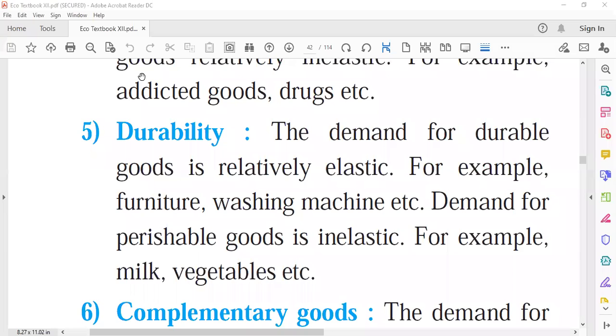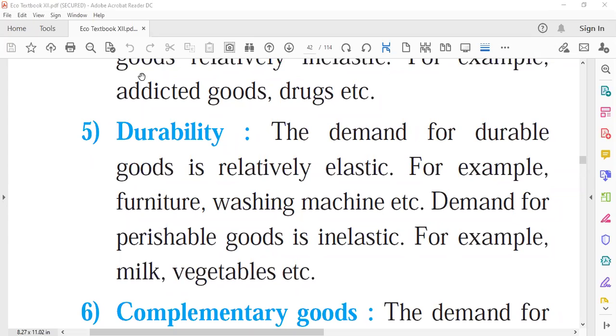You already have furniture in your flat, but you want new designer furniture. If the prices of furniture increase in the market, you will keep using the same furniture and postpone the demand. Therefore, in the case of durable goods, the demand is relatively elastic.